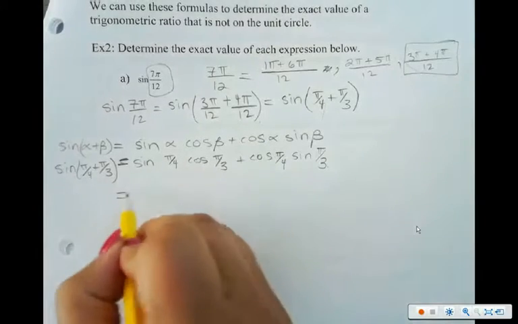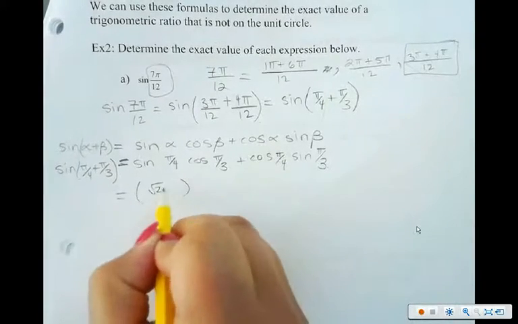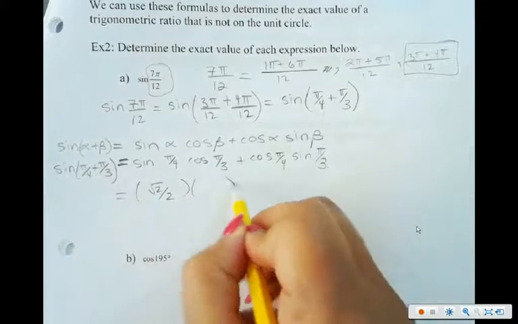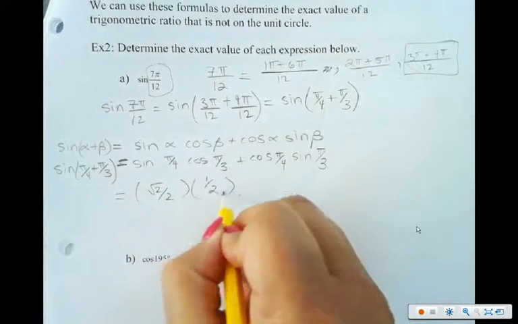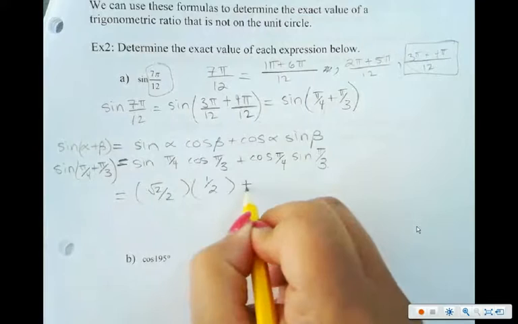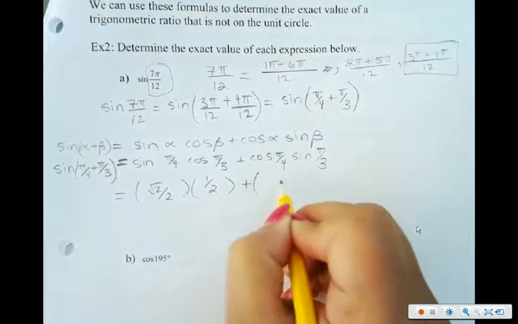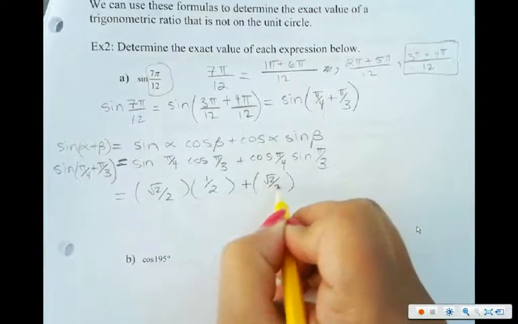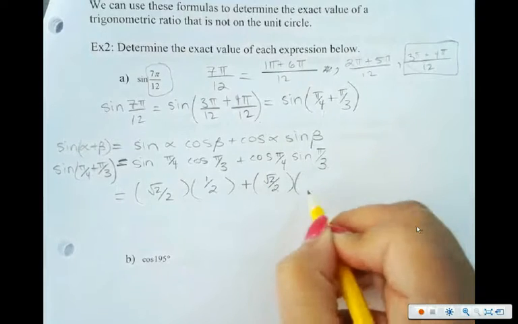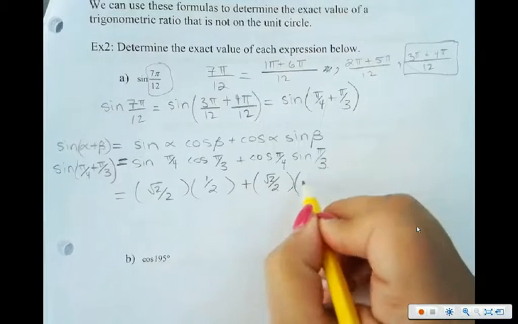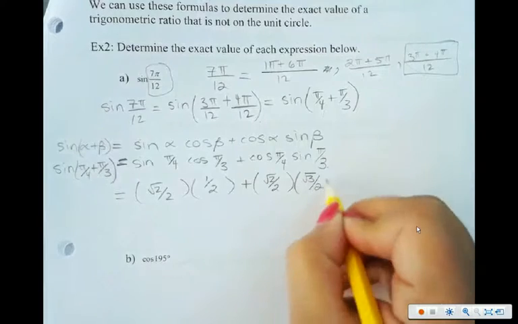Root 2 over 2. Okay, what's the value of cos of pi by 3? What's the value of cos of pi by 4? Root 2 over 2. And what is the value of sine of pi by 3? That's root 3 over 2.